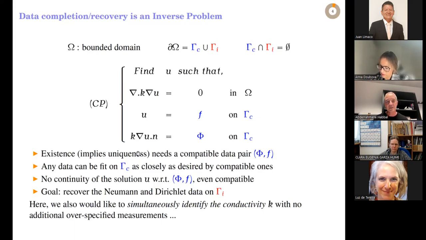And in what follows, we would like not only to recover the Dirichlet and Neumann data on gamma I, but we would also like to reconstruct the unknown distributed parameter. Indeed, in my presentation, it will be the unknown shape of inclusions. It is the same principle.